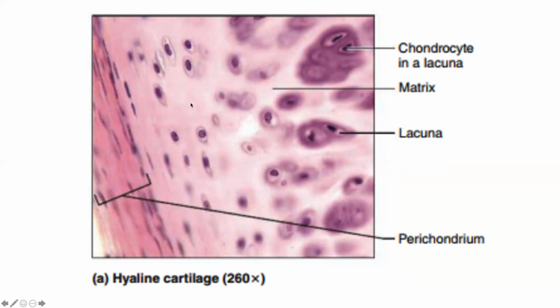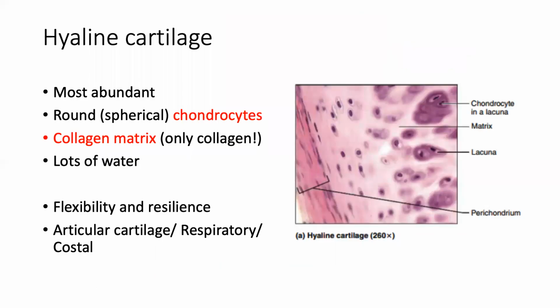The matrix is nice and clear, like a little ground substance. You can see the chondrocytes in the lacunae. And now we can see a structure called perichondrium, which is the dense fibrous tissue covering the cartilage. Hyaline cartilage, as we have seen, is the most abundant cartilage in the body.